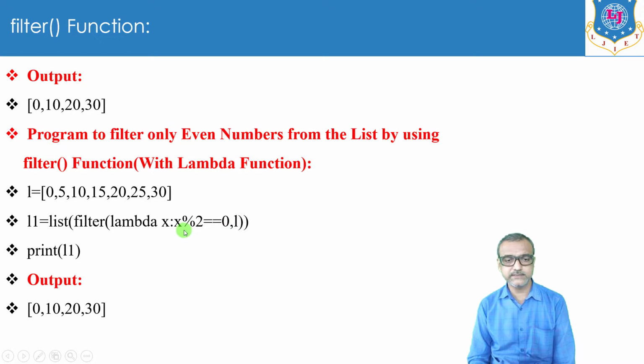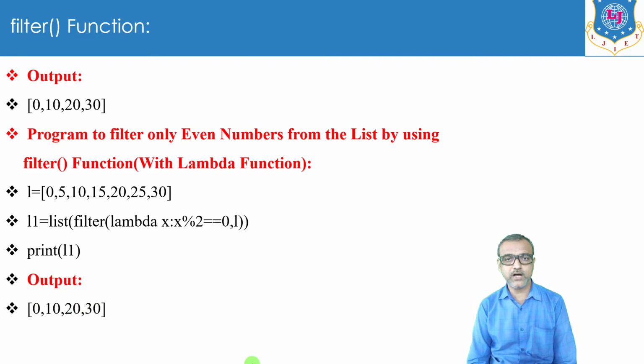If yes, then those numbers are even numbers, and we are applying this lambda function on the elements of the list L, and then storing all the even numbers in the list L1. So print of L1 will give us the output as 0, 10, 20 and 30.